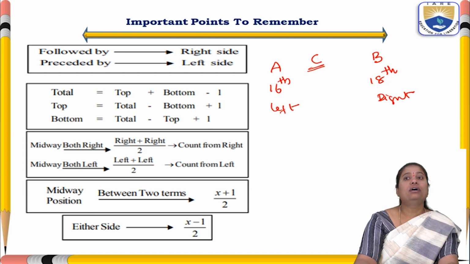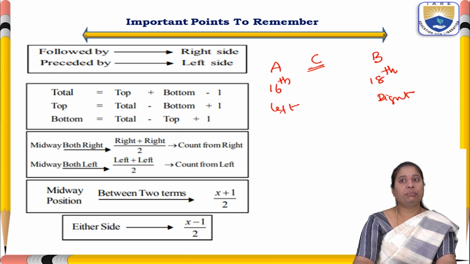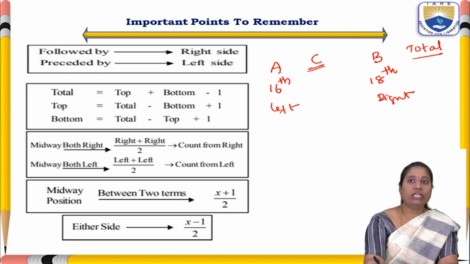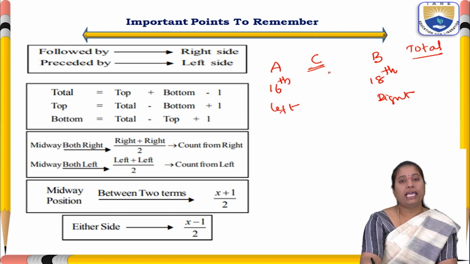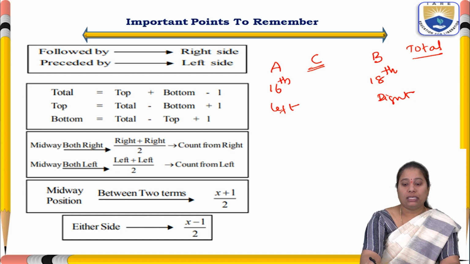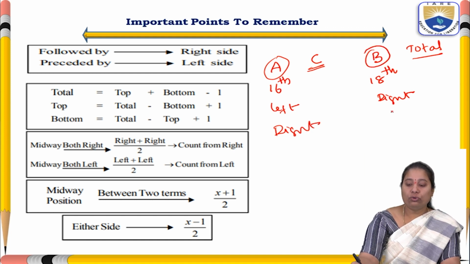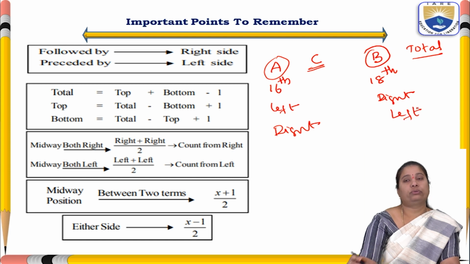For this one, first of all, we should remember that unless and until we know the number of people between A and B, we can't calculate C's position. That's the first thing. If the total number of students has to be known, then either A's position should be known from the right side also, or B's position should be known from the left side also.